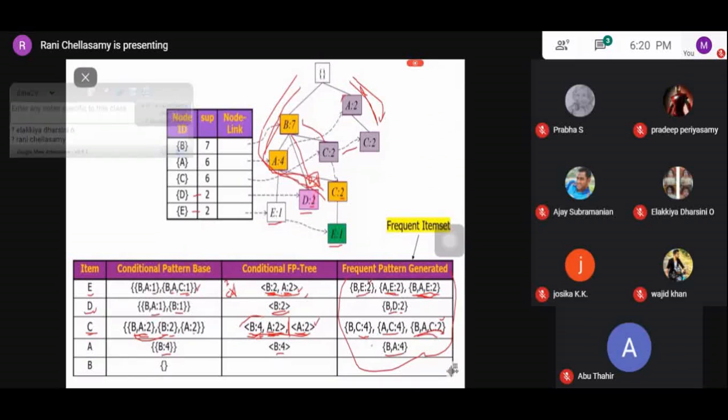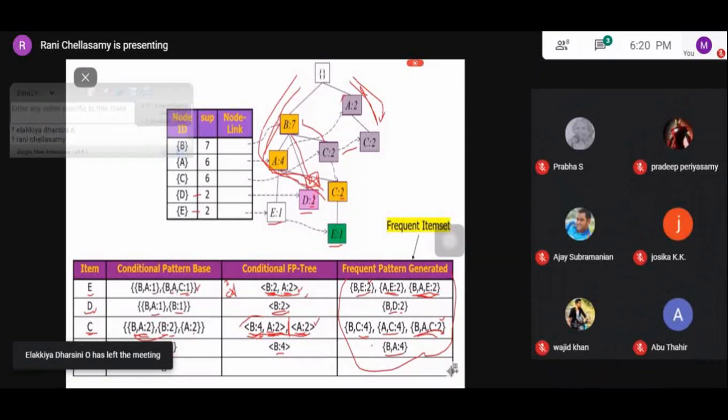So, write it down, BA 2. Next possible way you are getting C is from B. So, write B alone, the support count value of C is 2. Next, coming to this possible C value, how are you getting it? From A you are getting C. So, write it as A, support count value is 2.